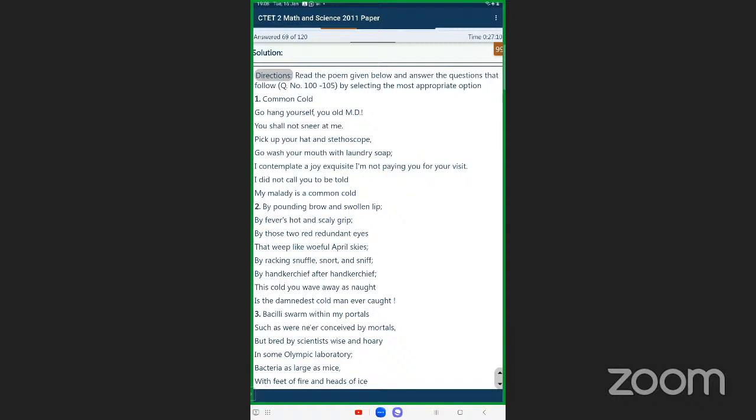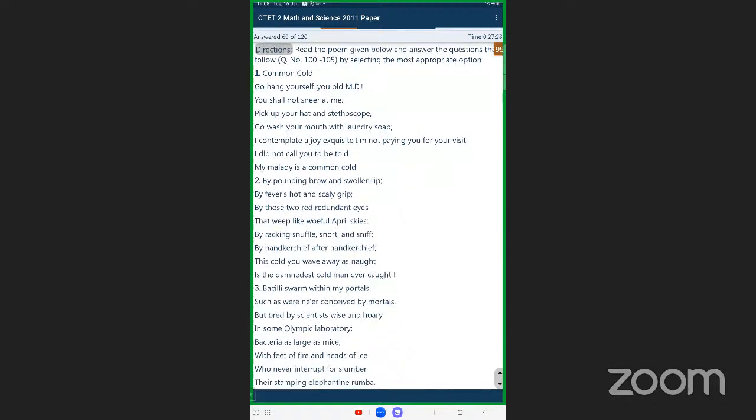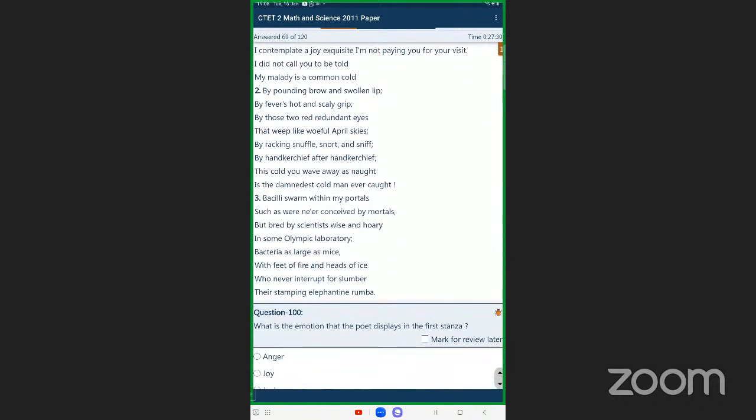My malady is a common cold. By compounding broth and solely by fever hot and scaly, creeping by those who read, redundant eyes that weep like woeful skies in April, by raking cough, the sword and knife, the handkerchief after handkerchief.